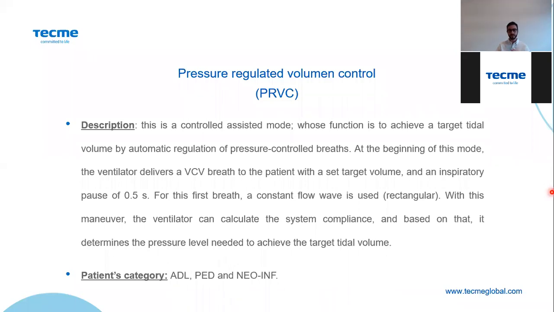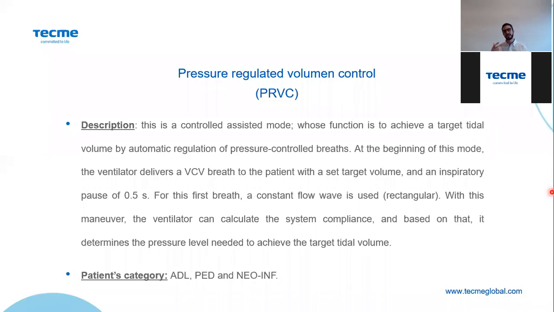At the beginning of this ventilatory mode, the ventilator will deliver a VCV breath with a set target volume, and then it will perform an inspiratory pause. The idea in this moment is to measure the respiratory mechanics of the patient in order to start with a certain level of pressure.